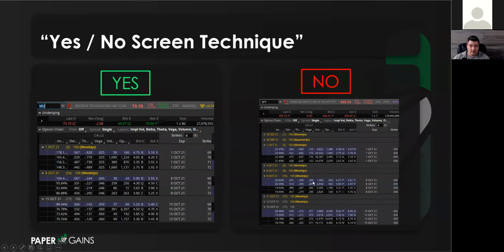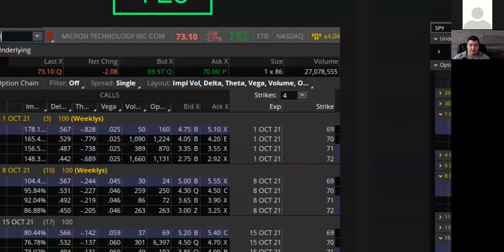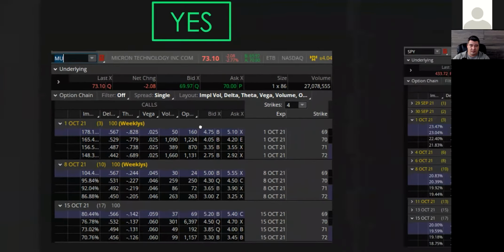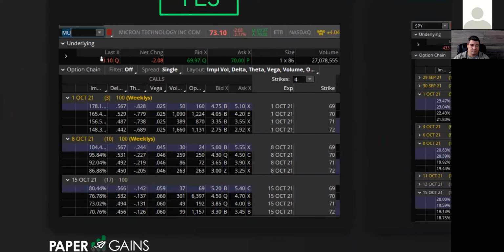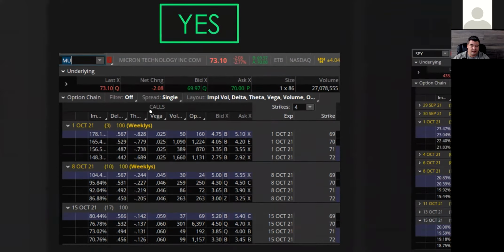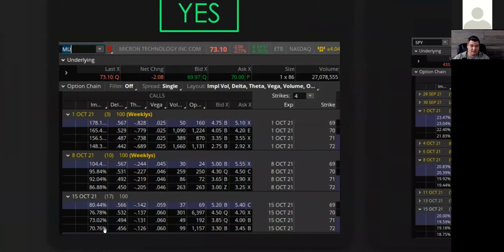So this is an example. Okay, SPY. This is the term structure. This is Micron, probably a while ago. It's only $73, but this volume would have qualified. And from an IV perspective, 160 to, that's almost double, let's say a 70% disparity in term structure.